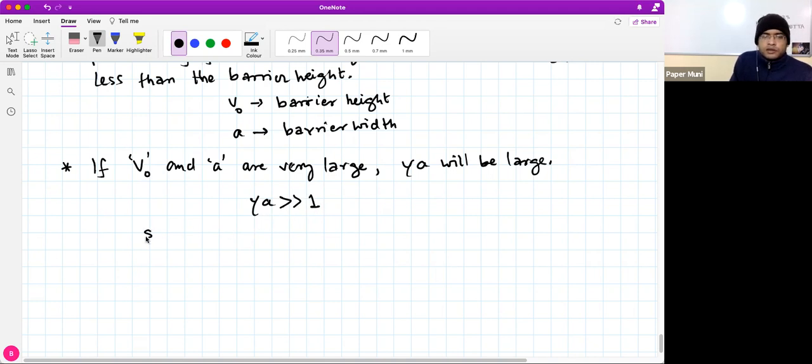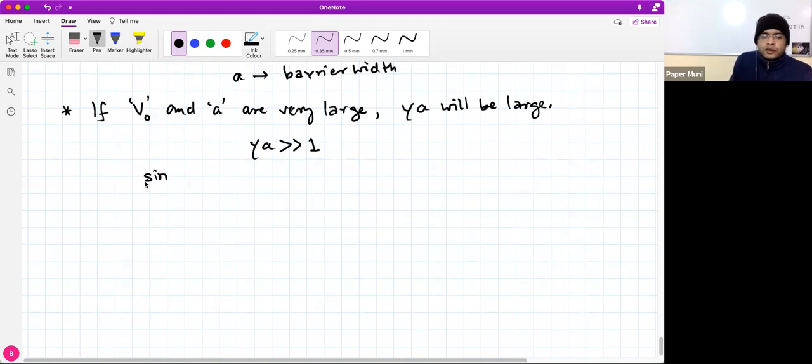Okay, so what can we say about the transmission coefficient? We are trying to calculate what the transmission coefficient will look like in this case. Sine hyperbolic gamma a is the term which will be affected by this.